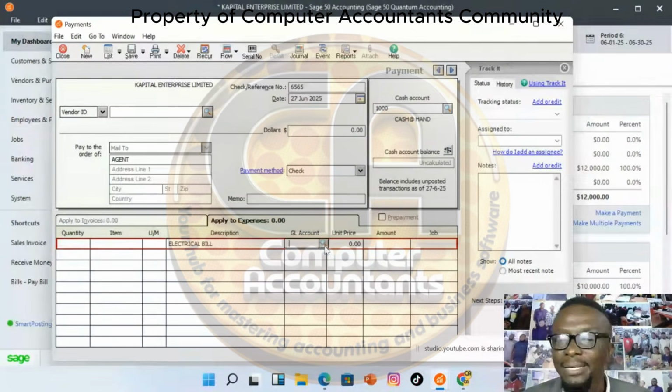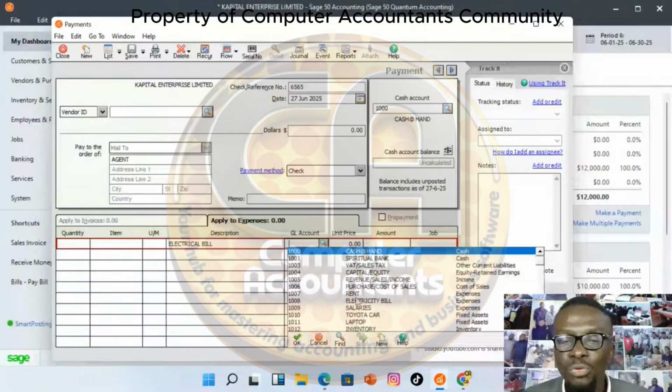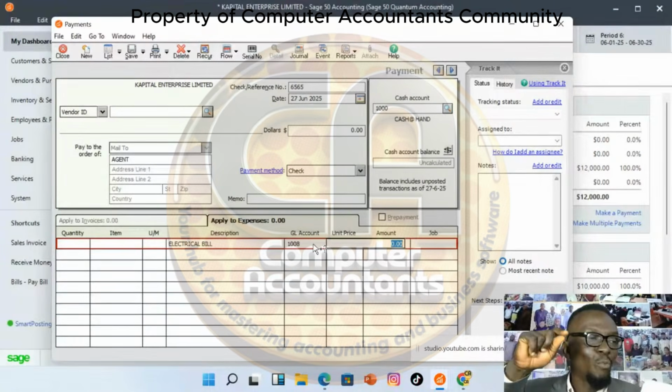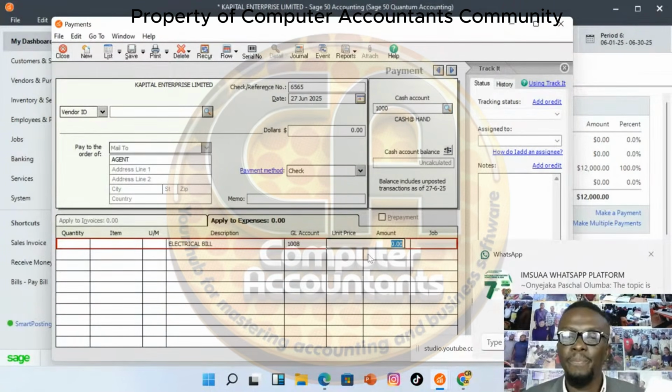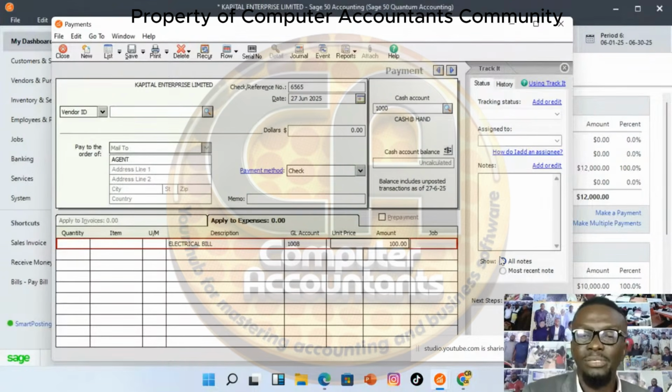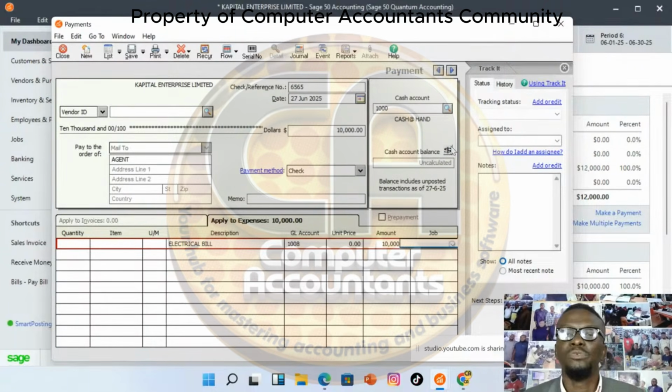Click, go down, then look for electricity bill. You see it now. I have linked this agent to the right ledger where that money should be posted to. Then you click on amount and type 10,000. Yeah, so we are good to go. Save.